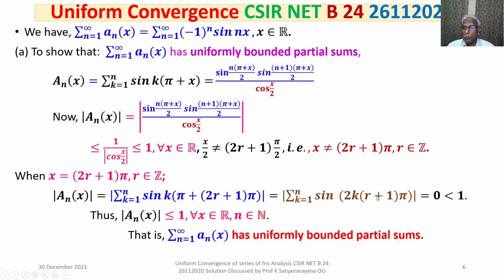Sine of multiples of 2π is equal to 0. So the summation will be 0, which is less than 1. So for this also, |A_n(x)| is less than 1.